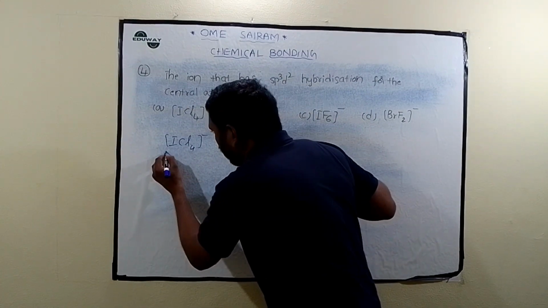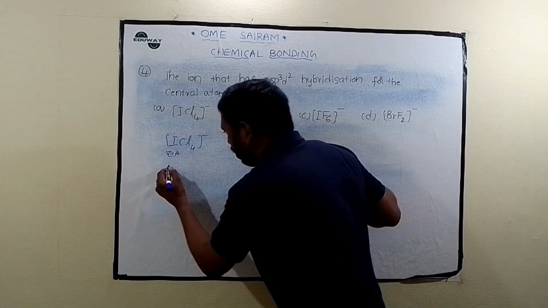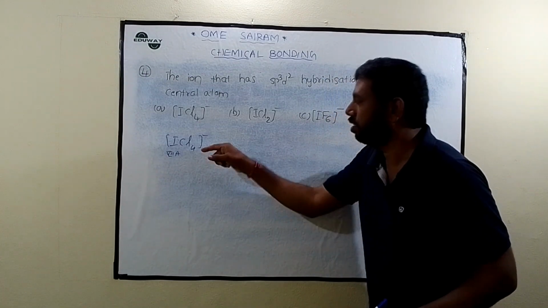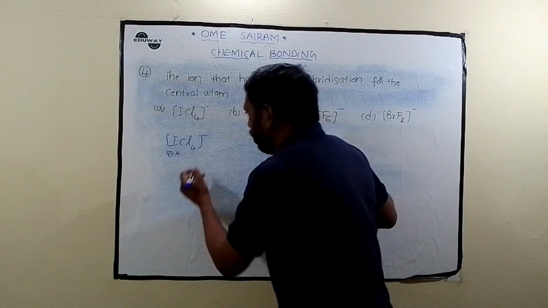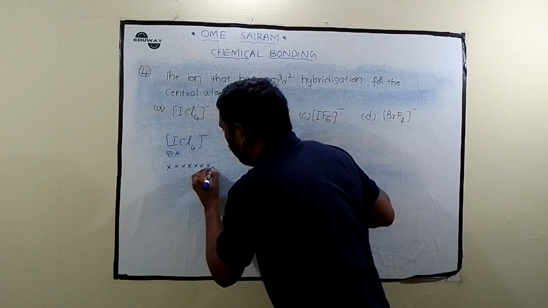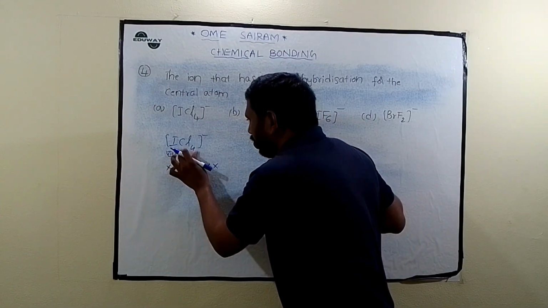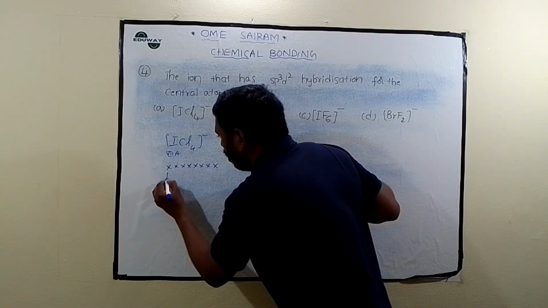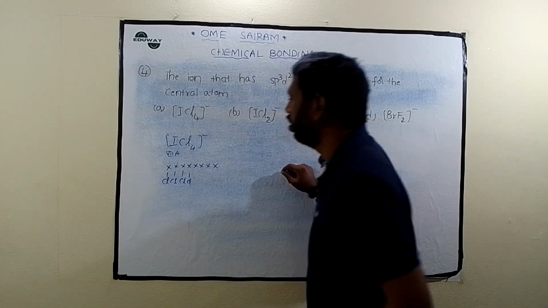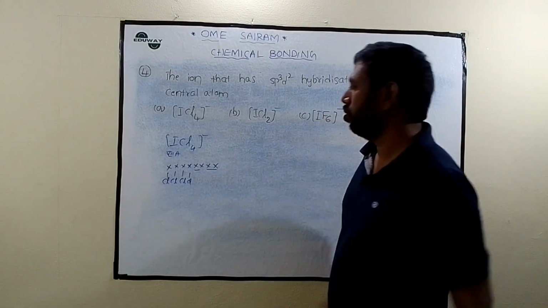So this iodine belongs to the 7A group element. That means it has 7 valence electrons and it has a negative charge. A negative charge is nothing but 1 electron in excess. 1, 2, 3, 4, 5, 6, 7 and 1 electron is excess. Here iodine can form 4 bonds with 4 chlorine atoms. Remaining 4 electrons exist as 2 lone pairs.